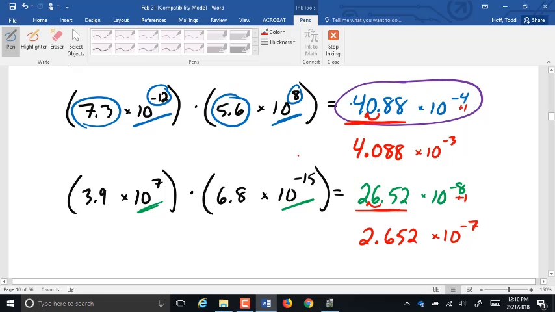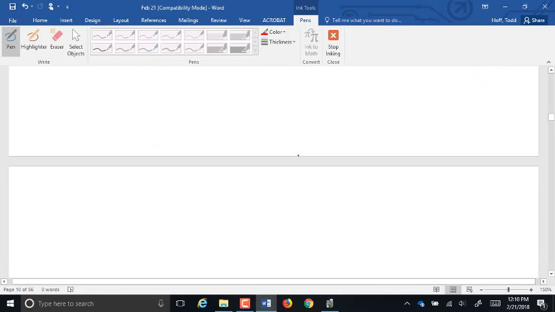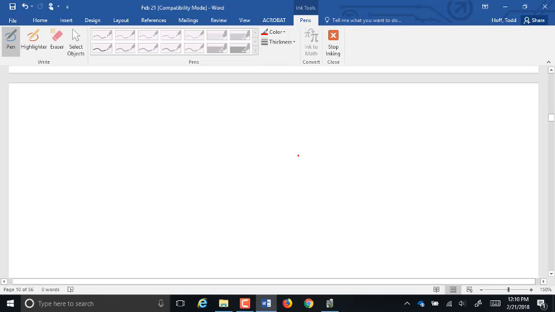So now division works the same way. We might have something like 5.76 times 10 to the 13th divided by 1.2 times 10 to the 5th.